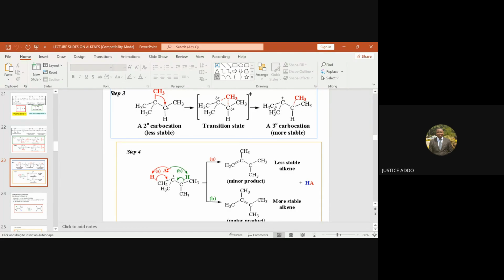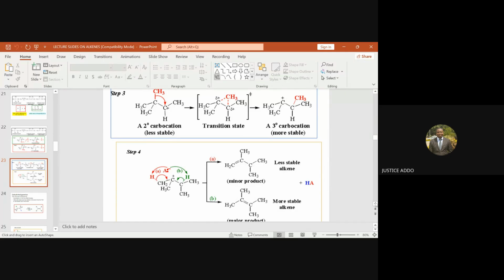Then you can also remove one of the hydrogens here, and the double bond will come here, and that is this one, the A. So that is what you are seeing here. When you remove a hydrogen here, the double bond comes here and you form this. And when you remove it from here, the double bond comes here and you form that.